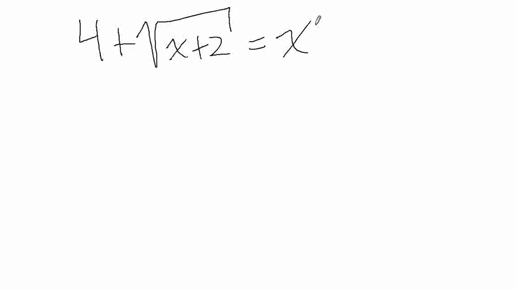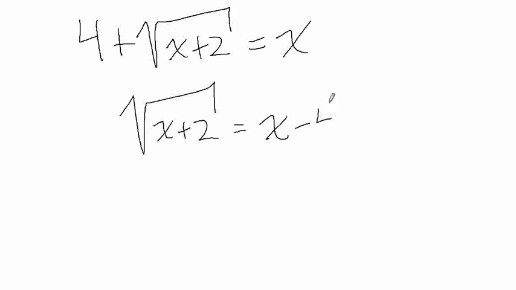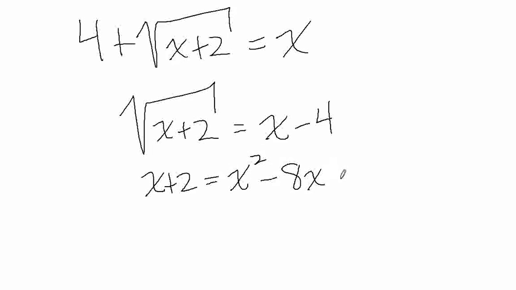Suppose you wanted to solve this radical equation. Using what I just suggested, you would isolate the radical on one side of the equation. You could subtract 4 from both sides to do it in this case. Now you could square both sides. And so x minus 4 squared, you can work that out if it's not clear, is equal to x squared minus 8x plus 16.